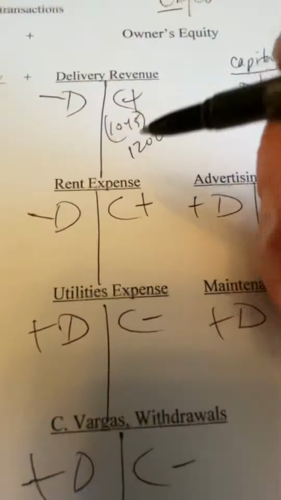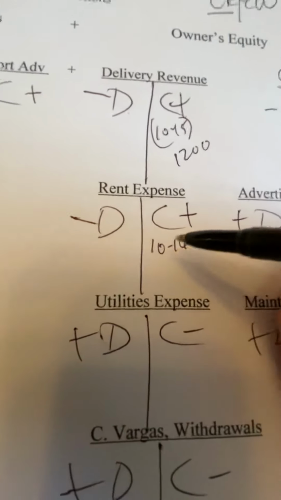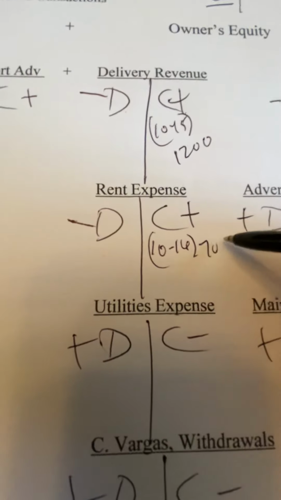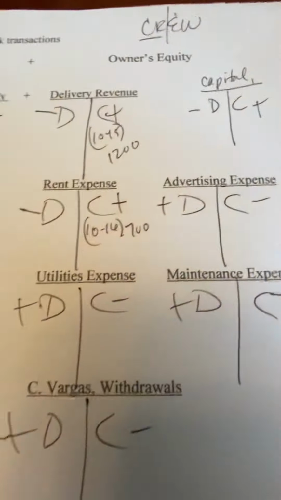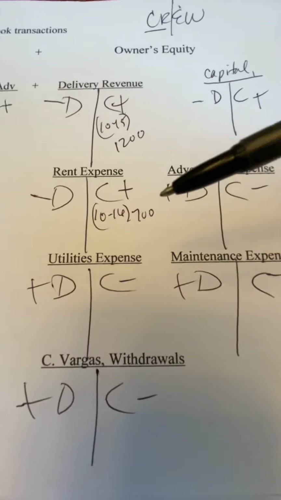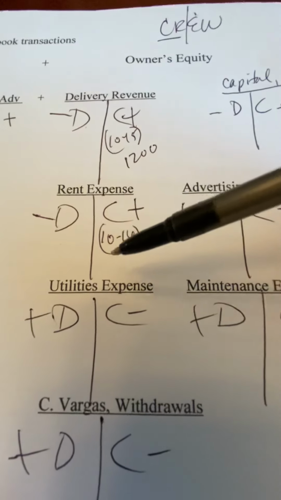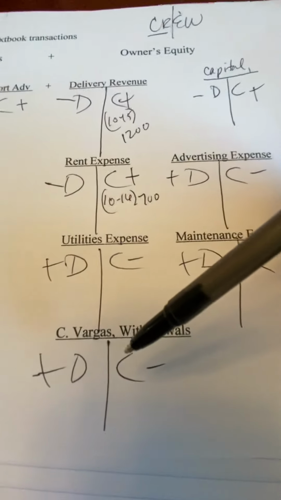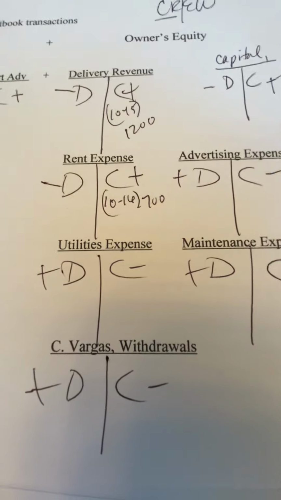To pay the rent. So on the credit, on the 16th, I'm recording $700. One tip to keep in mind with the crew accounts is that we're really just keeping a list of what revenue we're bringing in and how much the withdrawals are, so you're only going to be recording on the positive side.